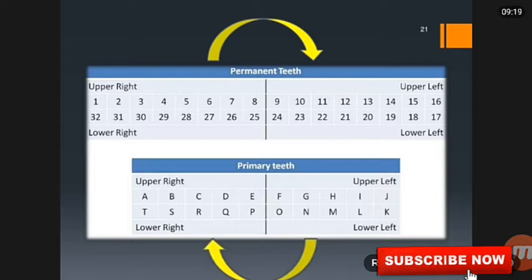The lower left central incisor is 24, lateral incisor 23, canine 22, first premolar 21, second premolar 20, first molar 19, second molar 18, and third molar 17. These are for the lower left.